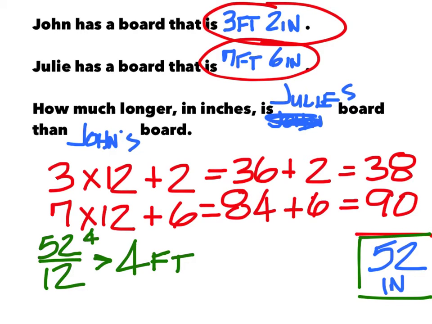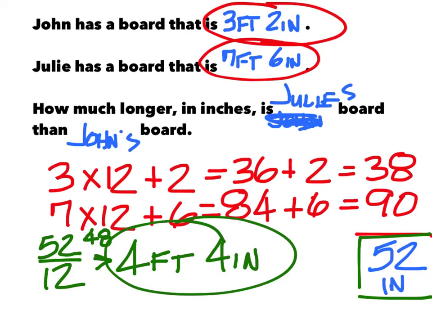So what's the difference between 48 and 52? 4. Yeah. So your answer is 4 feet 4 inches, just like we said at the beginning. So this is the work you would need to show for that.